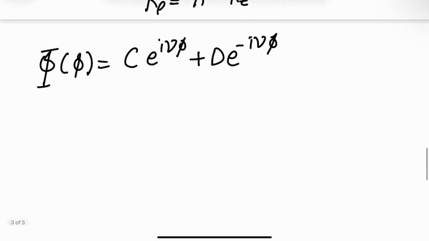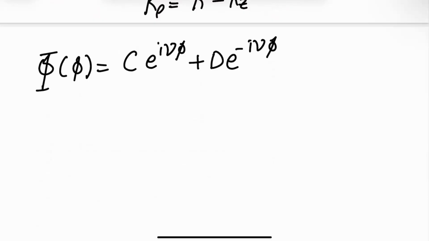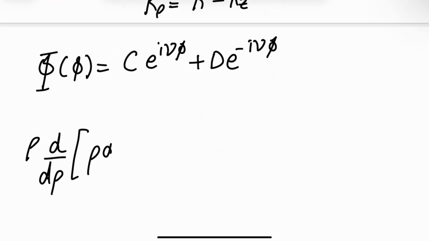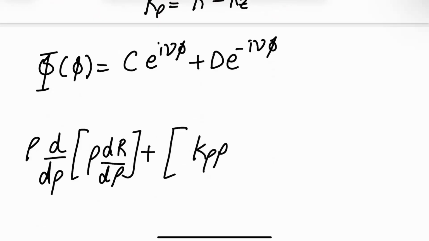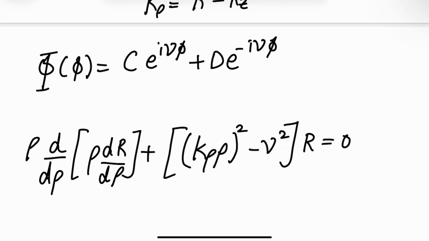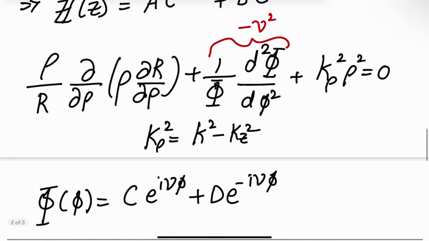Okay, so substituting that in as well, what happens to the wave equation? It becomes rho d over d rho times rho dr over d rho plus k rho square rho square minus nu square r equal to 0. So I've gone on and multiplied on both sides by r.